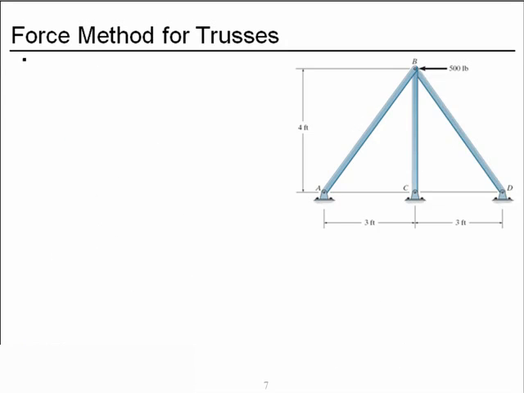Now step 4. To predict deflection of the primary structure, again, that means it's cut in member BD, this time due to a unit redundant.